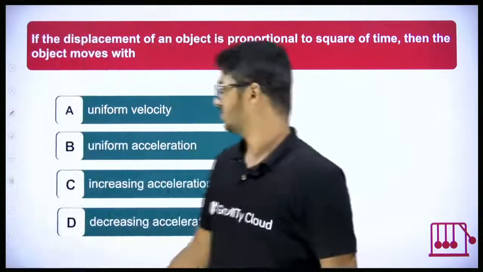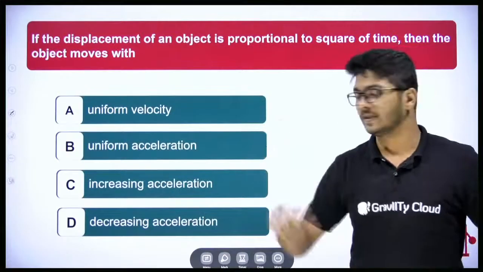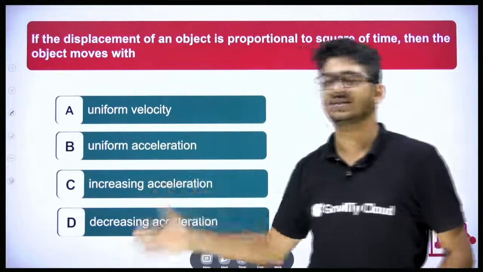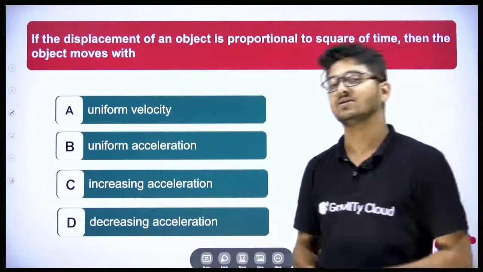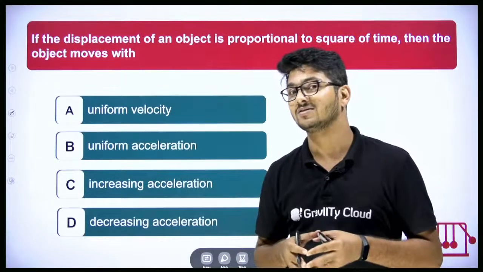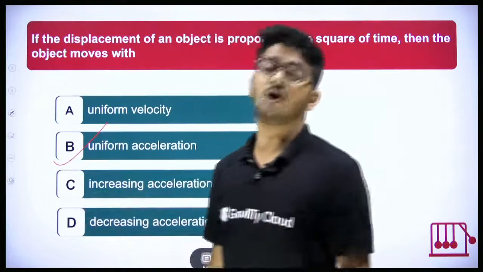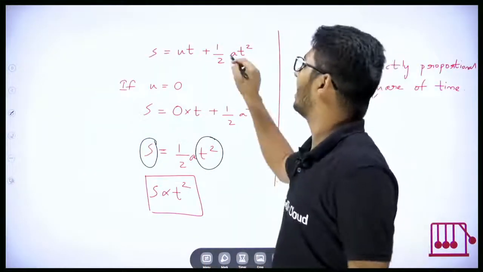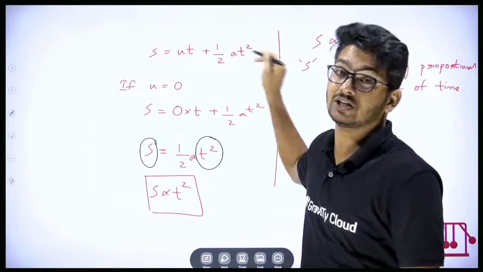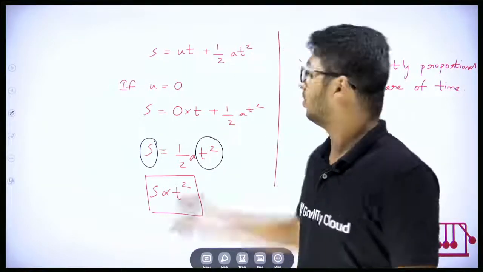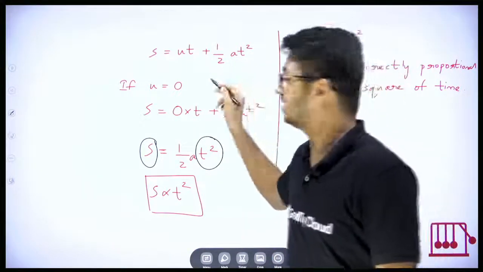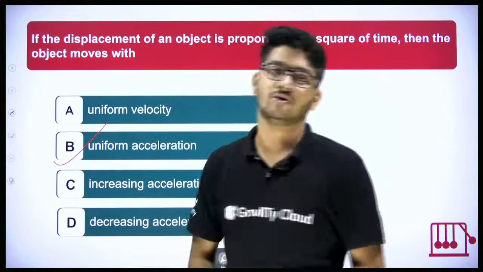Now you tell me the option. Uniform velocity, uniform acceleration, increasing acceleration, decreasing acceleration. What do you think it is? It is uniform acceleration. Yes, because this equation is valid only when acceleration is constant. That is the reason why it is uniform acceleration.